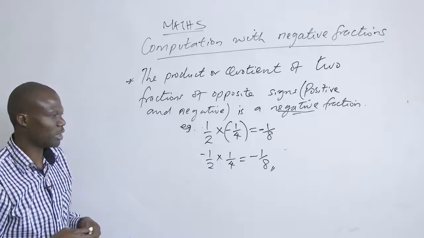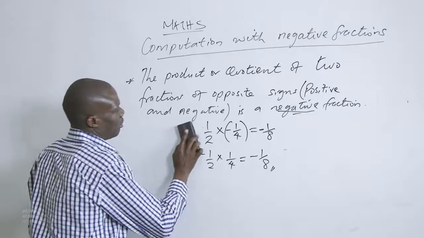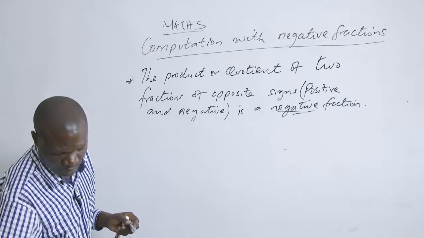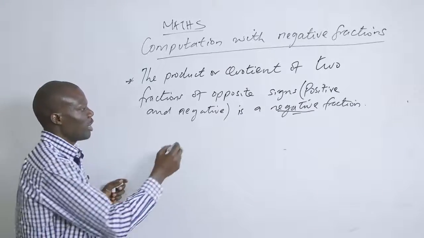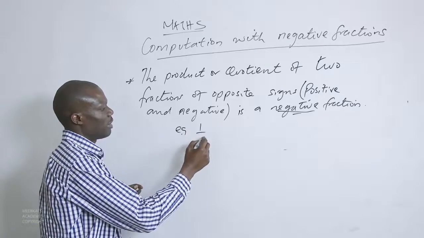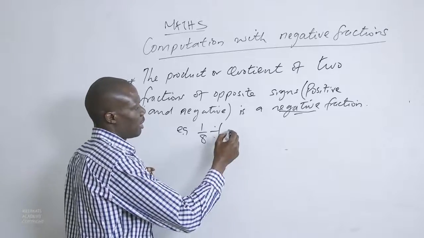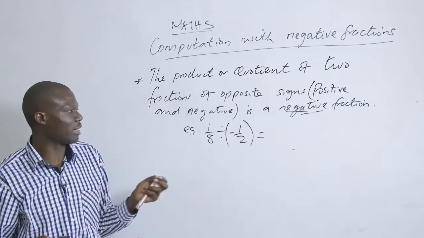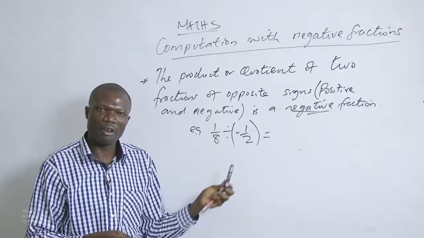How about the quotient or the division? Now, for the quotient, again, the same applies. If we have a number, for example, 1 over 8 divided by negative a half, we are dividing. An eighth is positive, a half is negative.